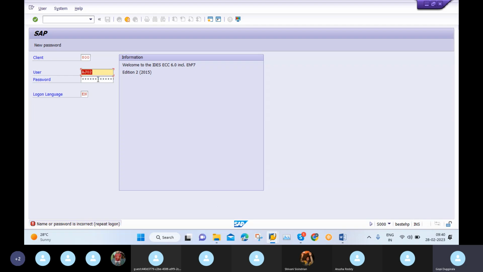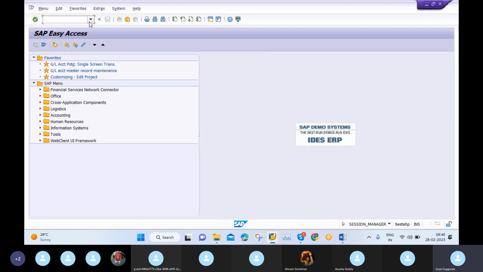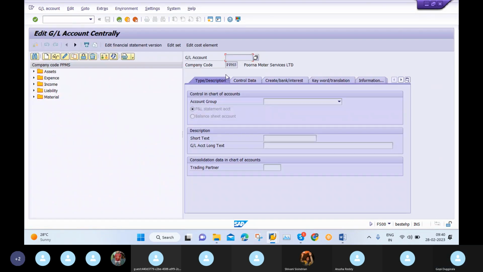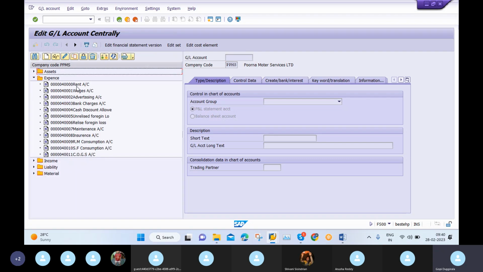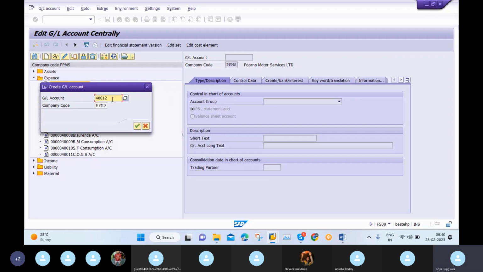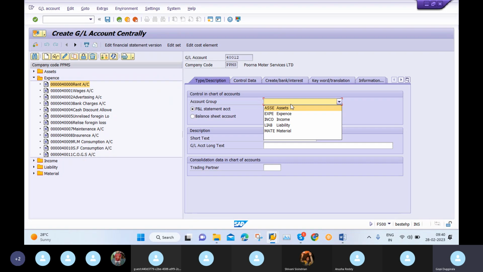So when I open ECC and create any GL account, for example 40012, you can see in the account group, within this account group, you can create any GL account, whether it belongs to a P&L account or a balance sheet account only.